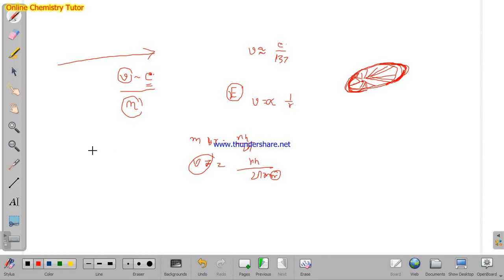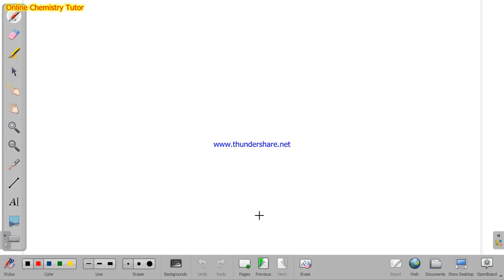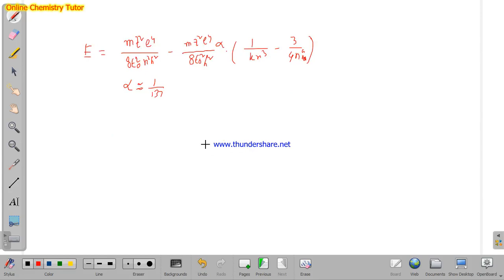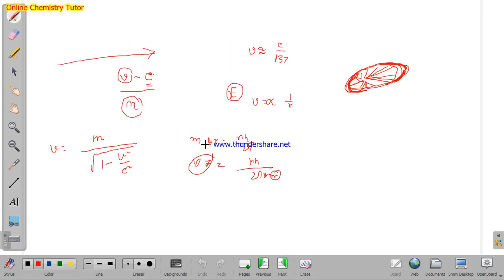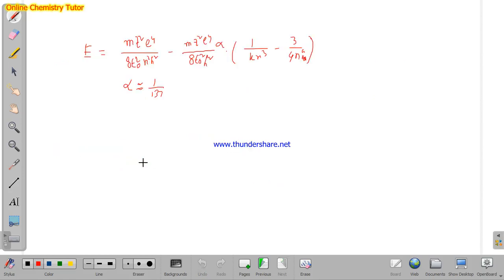In the theory, we know that m equal to m0 by root 1 minus v square by c square. So from this formula, m is changing. Now what happens if this velocity changes with time?